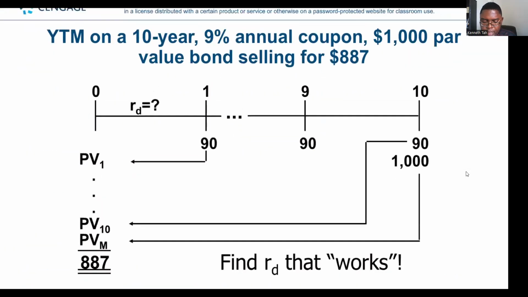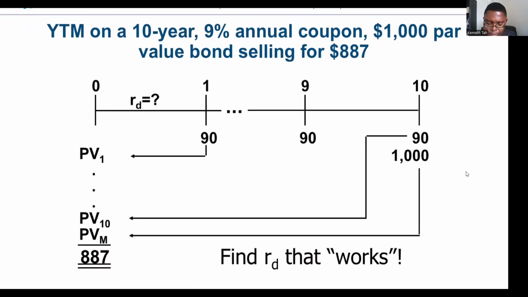So we can look at a question like this and put it in perspective. We are interested in the yield to maturity on a 10-year bond, 9% annual coupon, 1,000 par value, bond selling for 887. So if this is selling for 887, it means the price at the moment is 887.